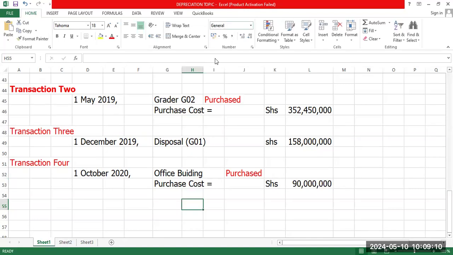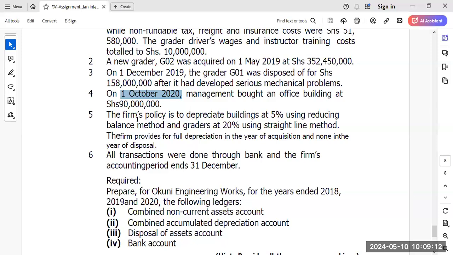Then the next transaction. Now we are almost done.